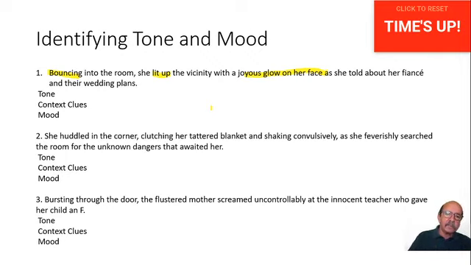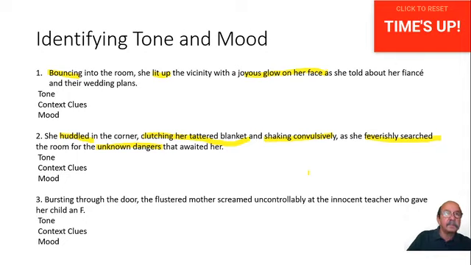Now, in contrast to 1, look at 2. She huddled in the corner, clutching her tattered blanket, shaking convulsively, feverishly searched for something, unknown dangers that waited her. So what is the tone? What is the writer trying to do in this sentence? Obviously building up the suspense, building up a sense of horror maybe, mystery maybe.